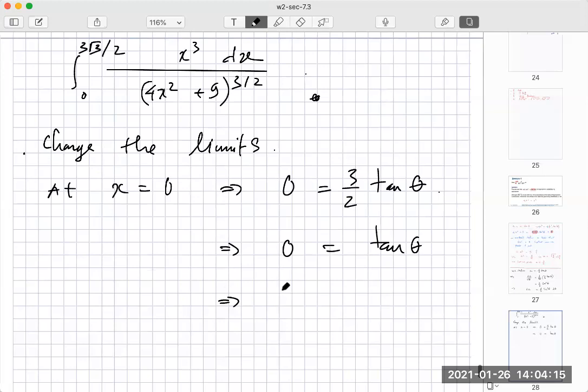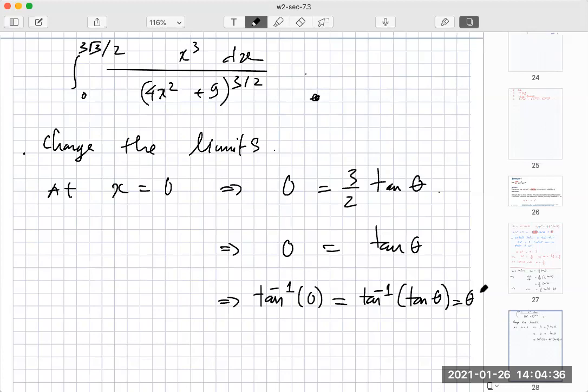Then what should we do here? Yes, tan inverse of 0. And the right-hand side is tan inverse of tan theta, which is nothing else but theta.